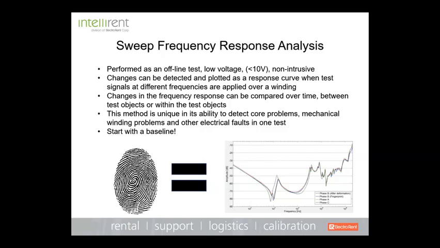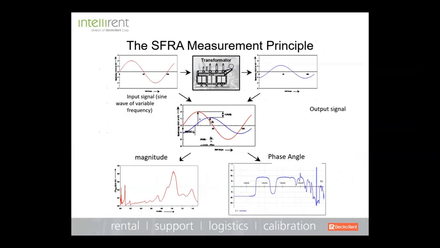Now, if you don't have a baseline of an SFRA test, you can always compare the phases to one another, and compare the primary and the secondary windings. But really, the fingerprint is very, very important in terms of getting a good, accurate assessment of any potential mechanical failure.